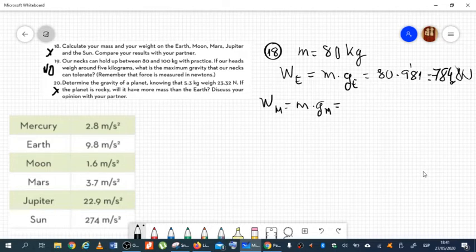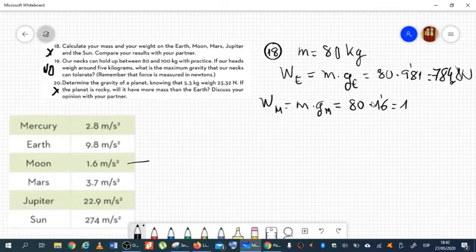Now your weight, for example, on the Moon, is the mass multiplied by the gravity on the Moon. It is 80 because the mass is the same. Because the mass is the amount of matter you have, so the mass is the same on every planet. And the gravitational acceleration is 1.6. So the weight of the same body would be 80 multiplied by 1.6.